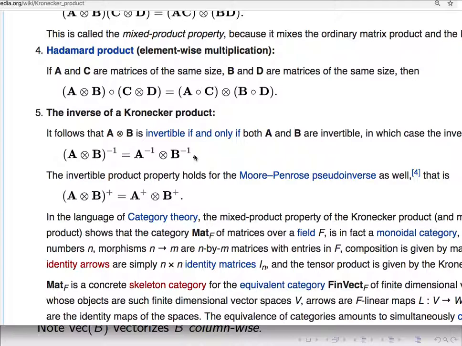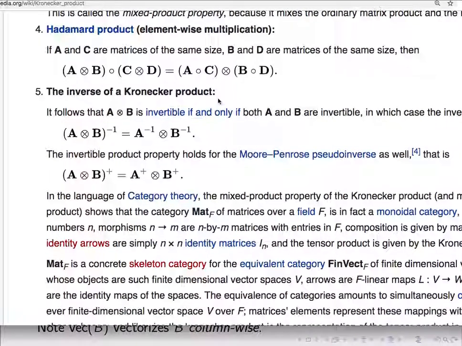The first one: the Kronecker product of A and B, multiplied by the Kronecker product of C and D, will be equal to AC Kronecker product BD.